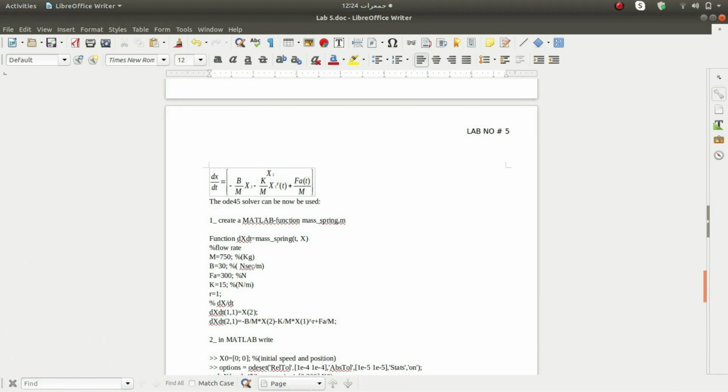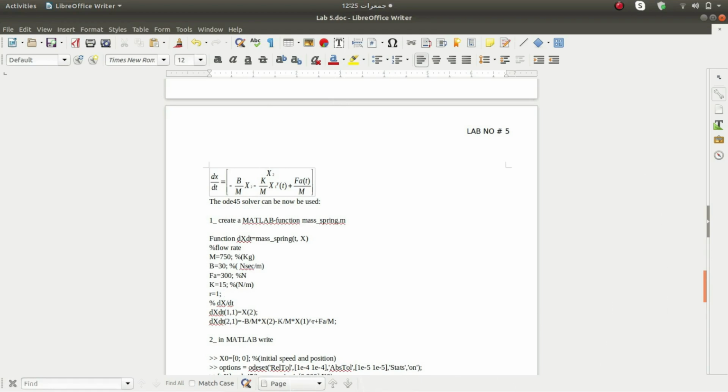Here we are going to solve for displacement with respect to time, and then we suppose the values of the constants. Here you can see mass is 750, frictional constant is 30, applied force 300, spring constant 15, and r is 1. Here r is basically this y.